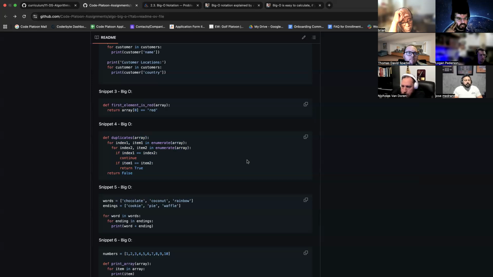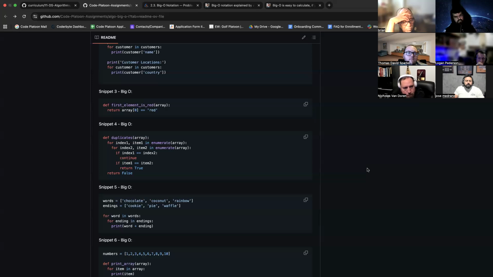Look at snippet 4. There's something that's not needed. What is it? Return? It's not return. You need return. It is continue.